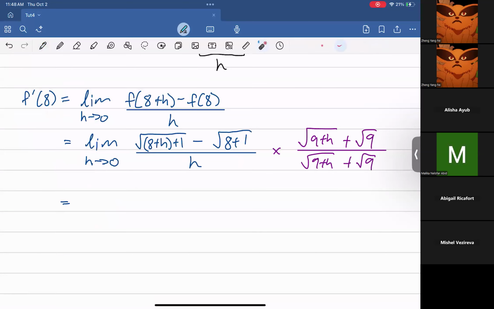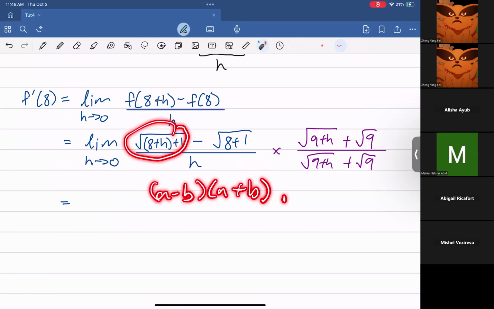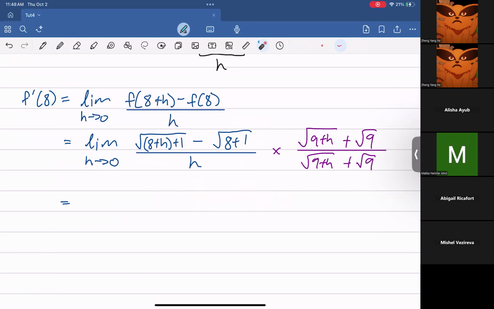So now the top is in the form of a minus b times a plus b, where your a is the square root of 9 plus h, and your b here is the square root of 9, which means that by the difference of squares formula, you just have 9 plus h minus 9 over h times the square root of 9 plus h plus the square root of 9.